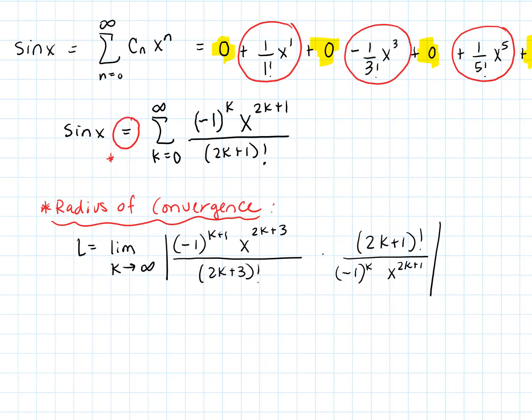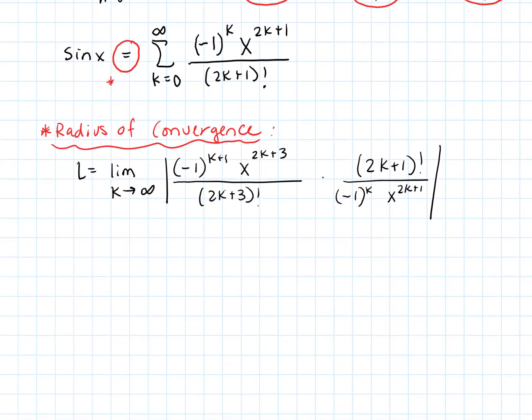And so we can see here lots of reduction. I notice in the factorials that the factorial on the bottom is going to have 2 additional factors beyond the factorial on the top. So I'm going to do a little bit of quick simplification here, and the negative ones obviously are going to reduce to just a -1, and then the absolute value of -1, reduce the x's, and we have just x squared times 1 over 2k plus 2 and 2k plus 3, left over from the factorial on the bottom after it reduces with the factorial on the top.